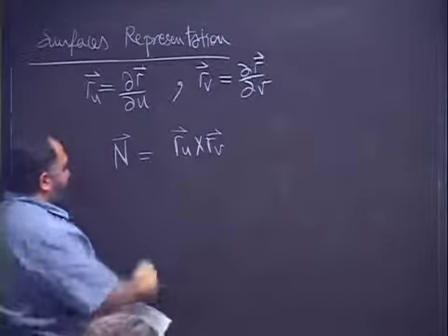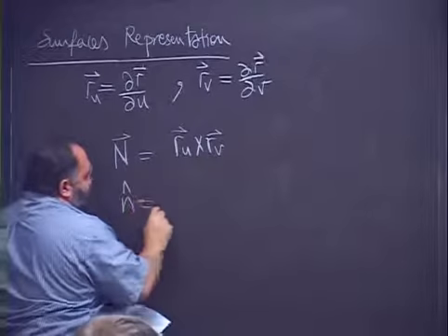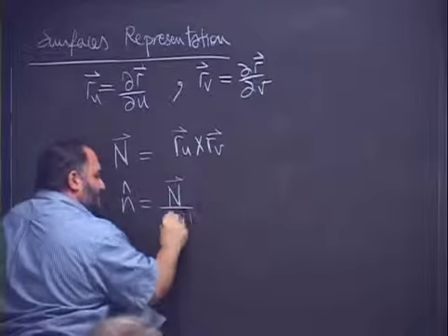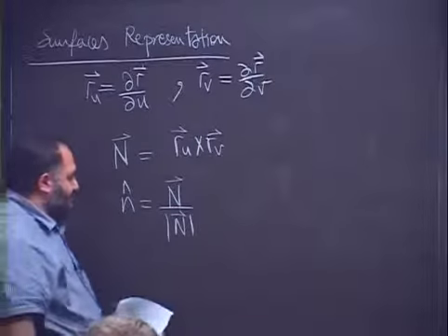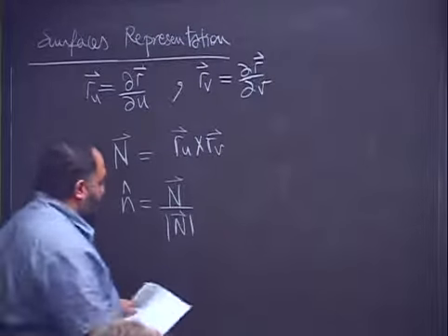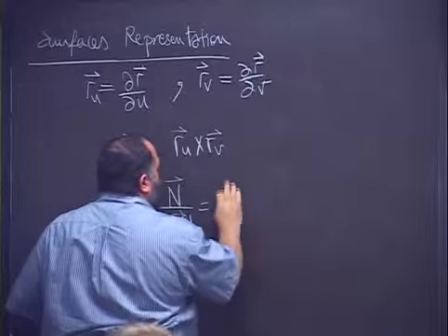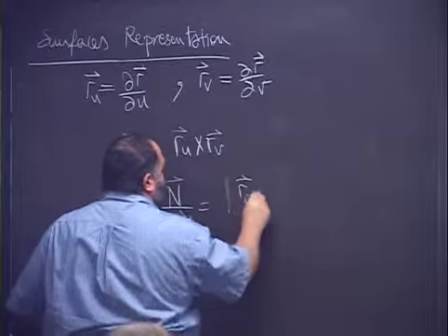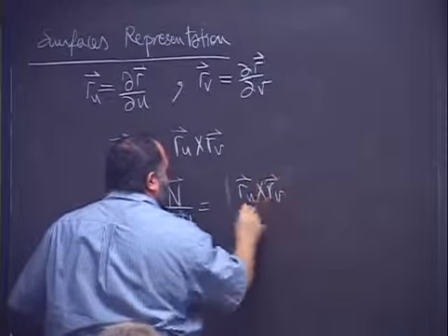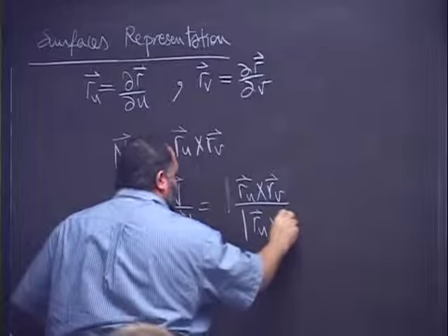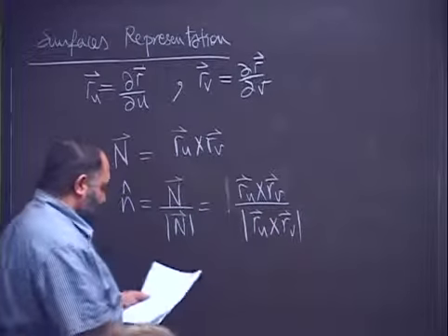And in this case, the unit normal will be just what? n over what? n over the magnitude of n. And this will be r sub u crossed with r sub v divided by the absolute value of r sub u crossed with r sub v.